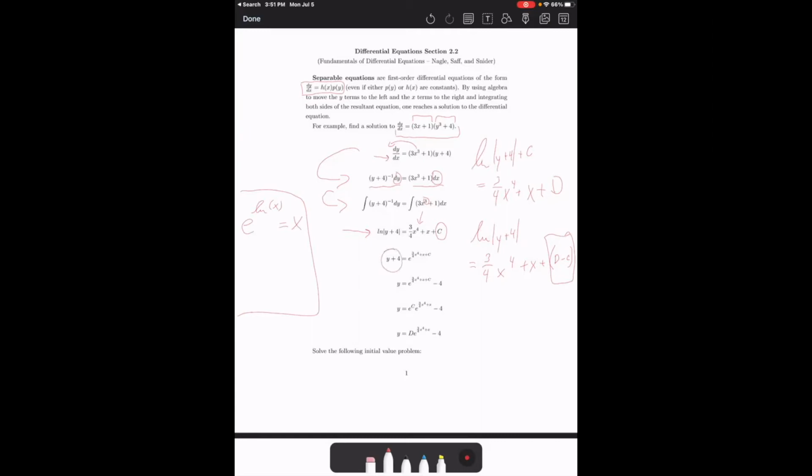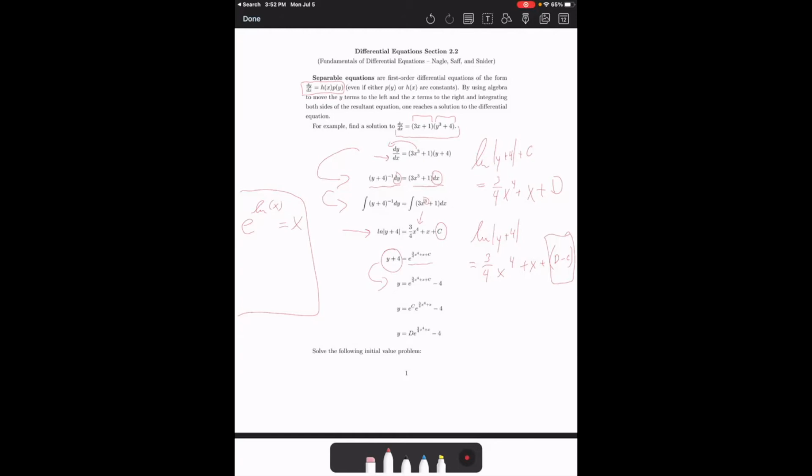Now, it doesn't make the right side of the equation look very cute. It becomes e to the power of 3 over 4 x to the 4 plus x plus c. We want to isolate that y, so we're going to move the 4 over. So we have successfully isolated y, even though it's a rather ugly looking solution, but we can simplify it slightly.